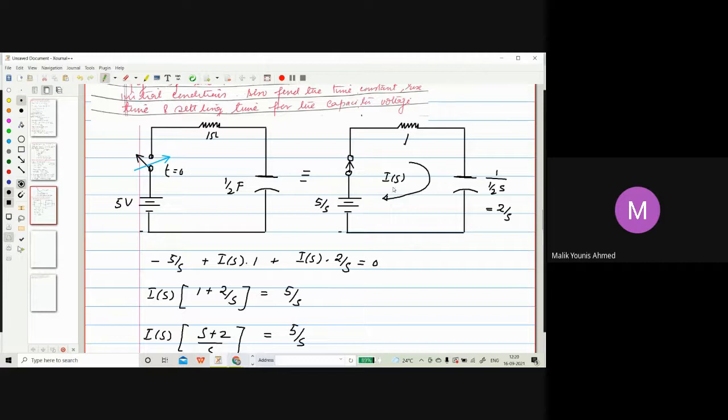Here we can write this voltage as V naught of t.